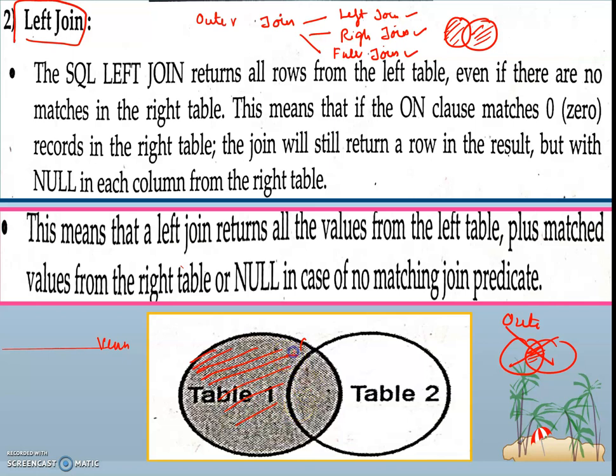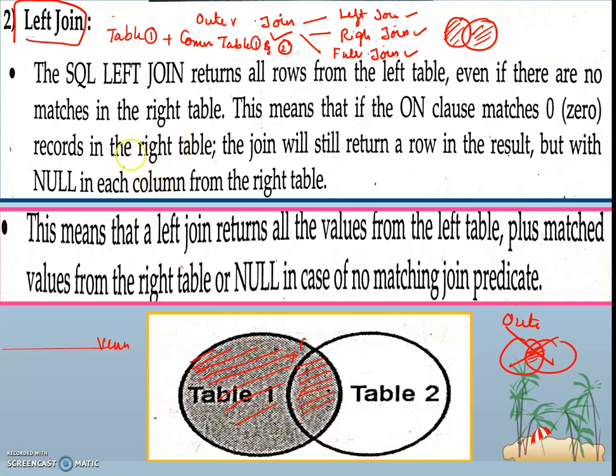At the same time it also gives me the data which is common for both tables, table 1 and 2. So what is this left join going to give me? It is going to give the output which is present in the complete table number 1, plus the common data between table 1 and 2. This will be a little more clear if we go into the example.